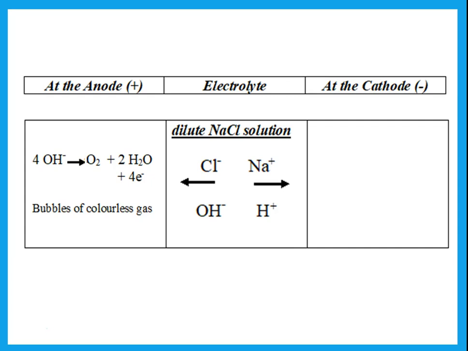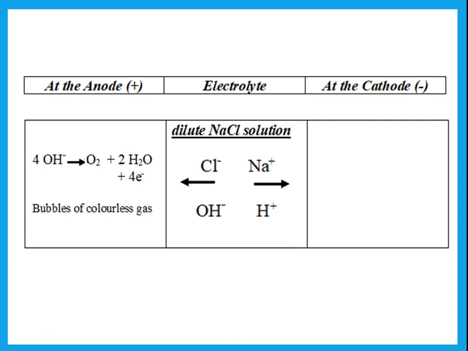So as we balance, we'll find that we have 4 OH-. That means I have 4 oxygens and 4 hydrogens. So on the other end, I have to put 2 in front of the water. And that makes 4 hydrogens and a total of 4 oxygens. But then if I put 4 in front of the OH-, that means I have 4 negative charges, so I need to put 4 electrons after the arrow.